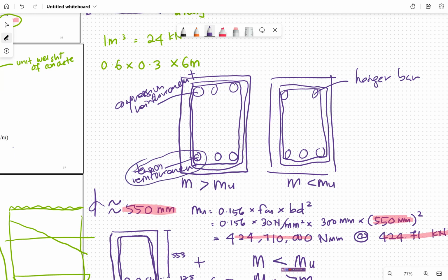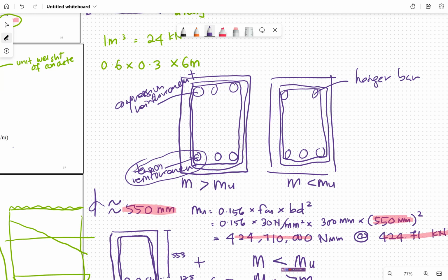They have to provide some capacity untuk resist compression dekat atas, tolong the concrete lah. Okay, jadi kalau you dapat M is bigger than MU, then we have a problem. Kita kena design compression reinforcement, additional design step.